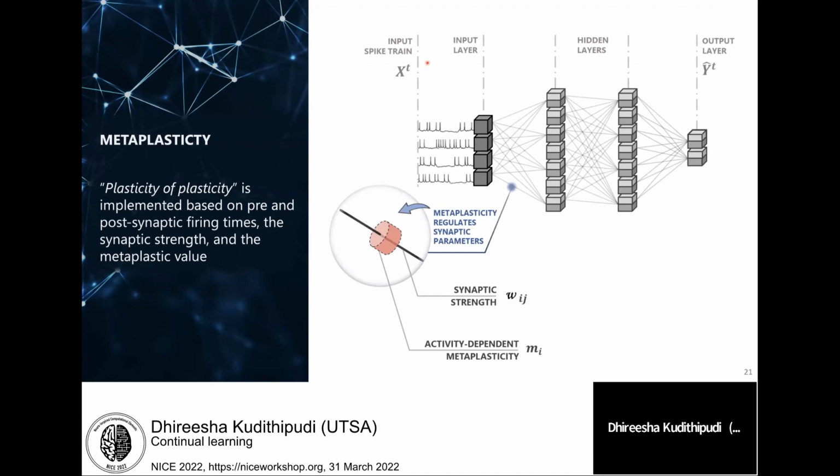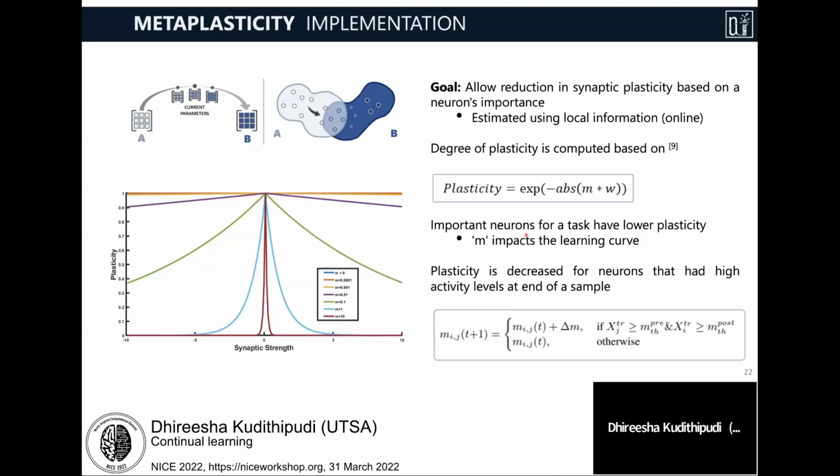This is the model example. The network is configured for 200 neurons per hidden layer. We have 2 hidden layers in this case and a 2 neuron output layer. And we incorporate metaplasticity, as you can see in this example. The way we implement it is using this plasticity factor that we compute based on this equation.